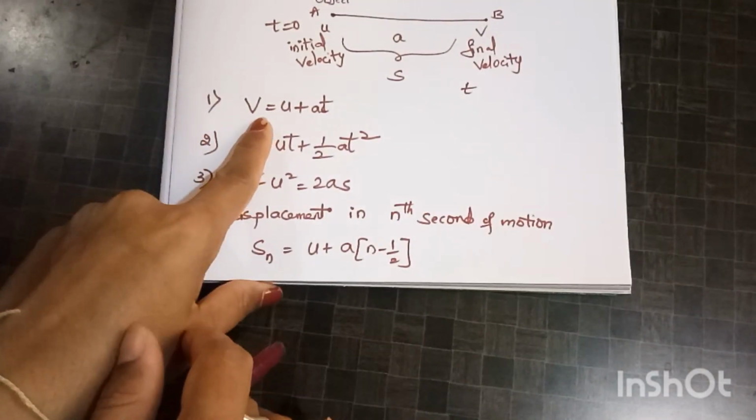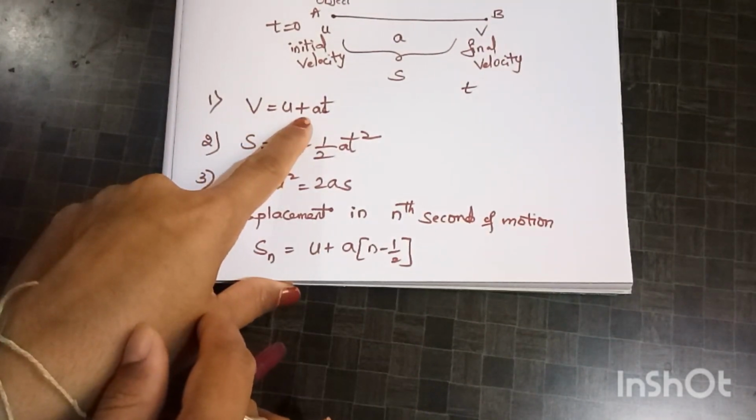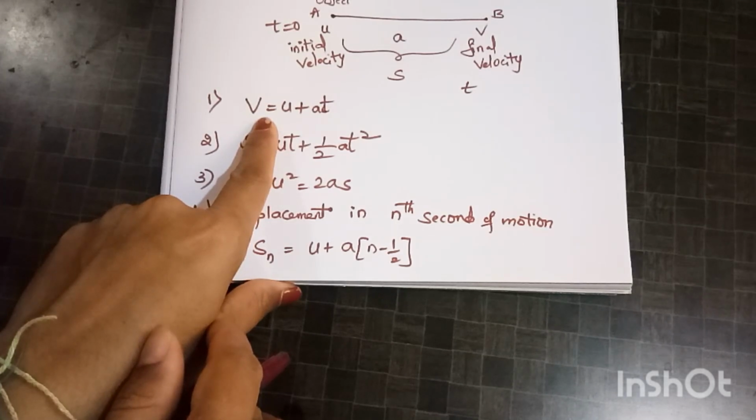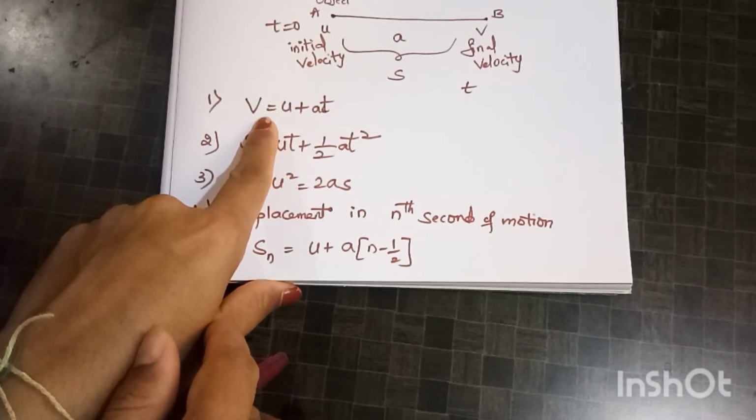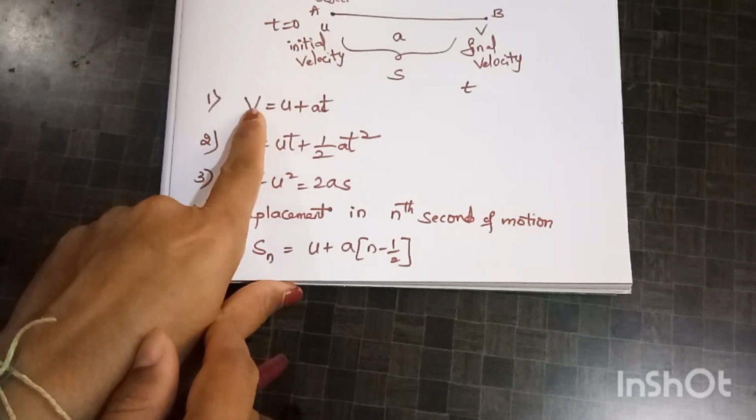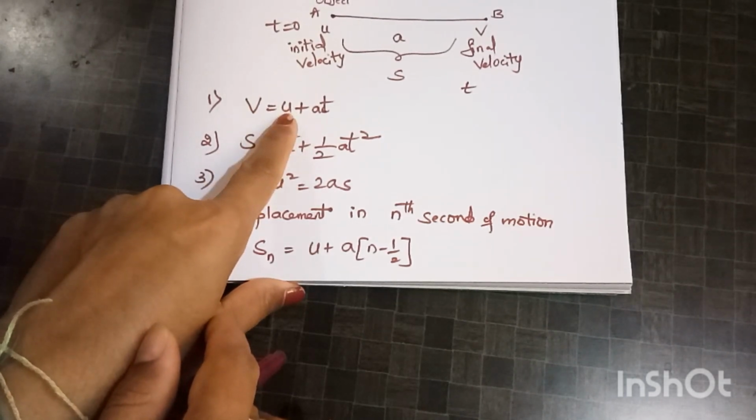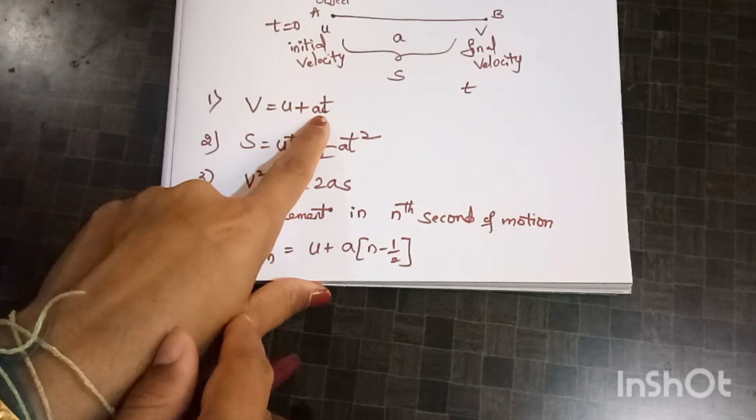So the first equation is v equals u plus at. In the first equation, we are not specifying any displacement. You can observe that it contains only final velocity, initial velocity, uniform acceleration and time.